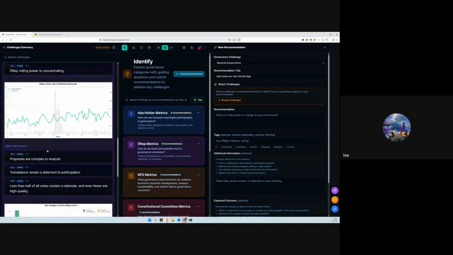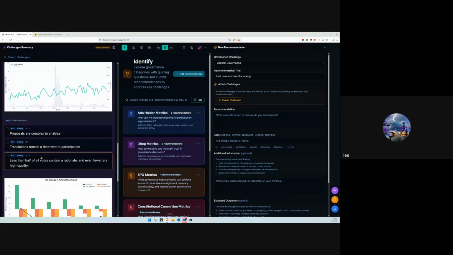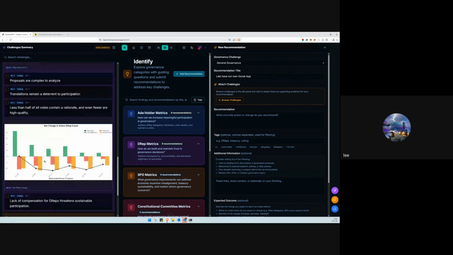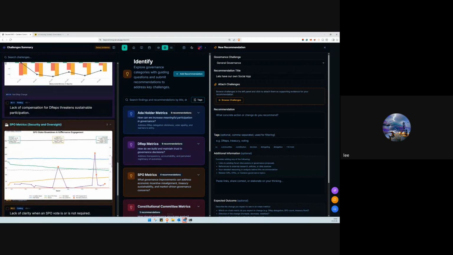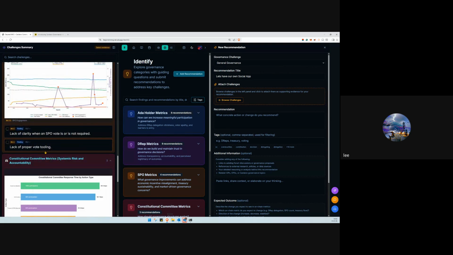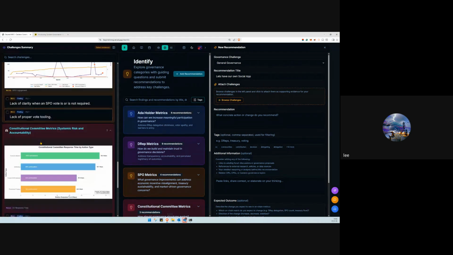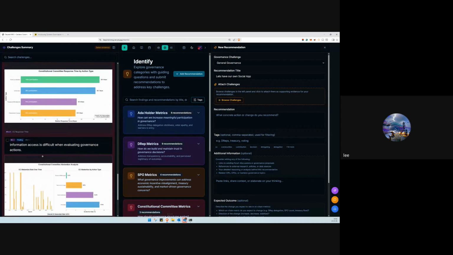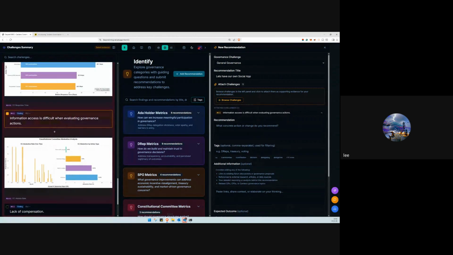Then all the stuff people care about surfaces right to the top, instead of having to log into Intersect and go through this dashboard. So that would be my number one complaint, that we don't have a social app for governance.